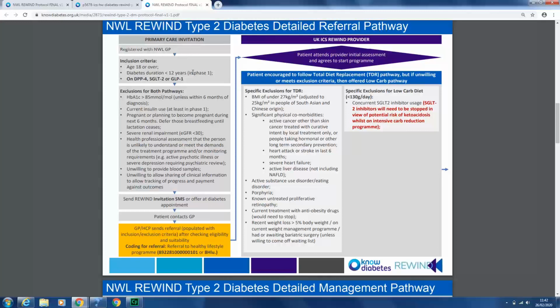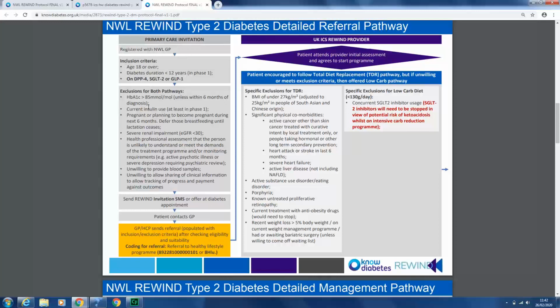Initially in phase 1 we may extend these criteria outwards once we've been able to do some evaluation, and crucially that they're on a DPP-4, an SGLT2 or a GLP-1. At the moment, if their HbA1c is over 85, they're excluded unless they were diagnosed within 6 months. Again, with some further evaluation, we may extend these criteria out to higher levels of HbA1c.